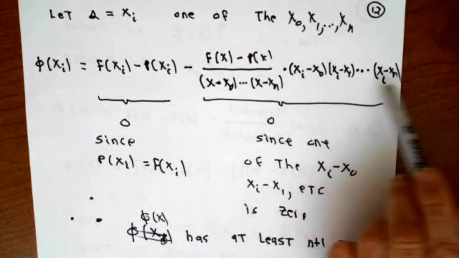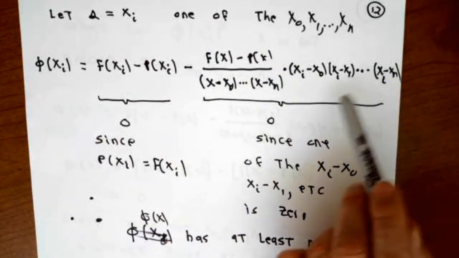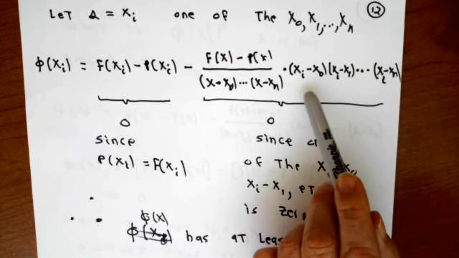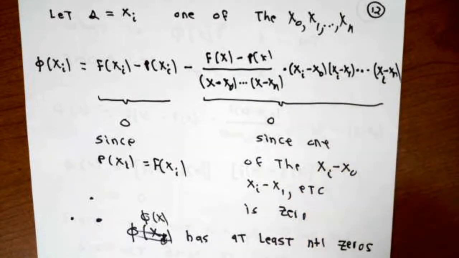When I evaluate phi of s at s equals xi, these factors are going to be xi minus x0, xi minus x1, xi minus x2, out to xi minus xn.